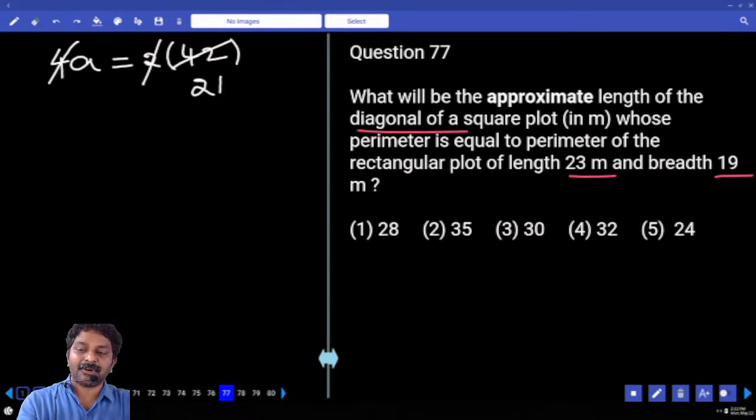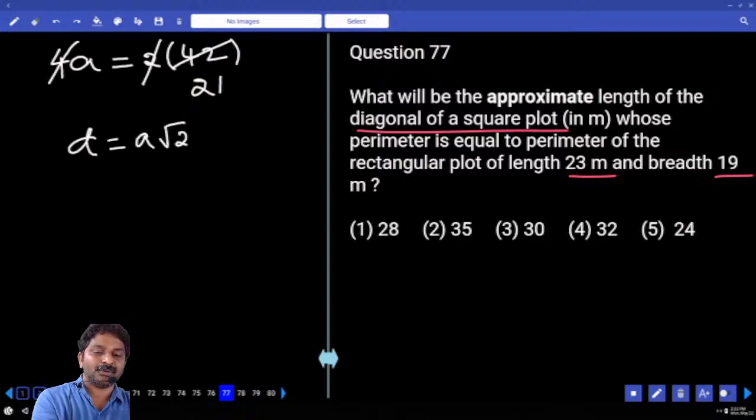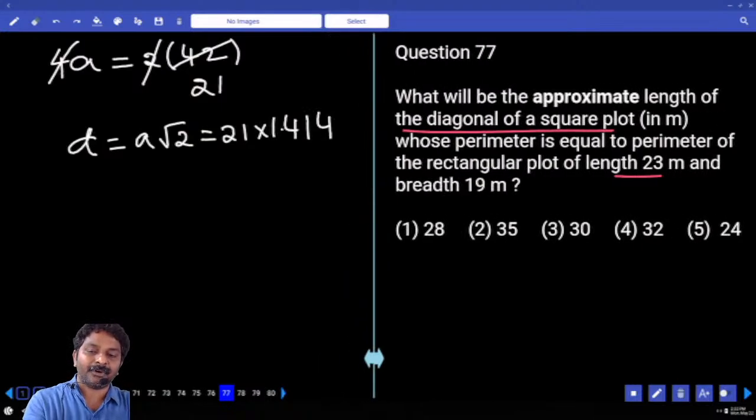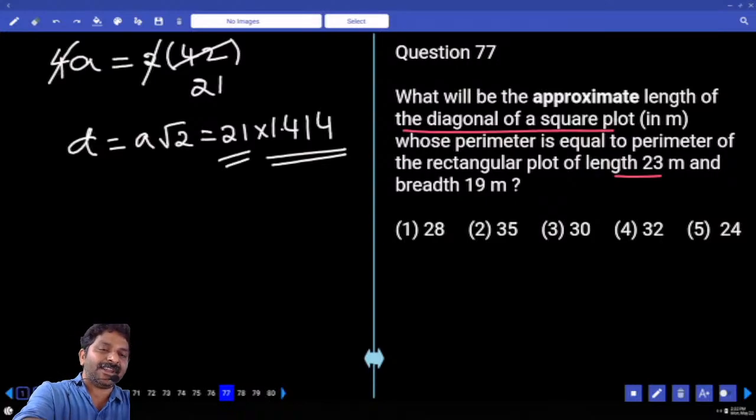But the question is about diagonal. Diagonal in the sense a root 2, that is 21 into root 2 value 1.414. Correct? If you treat this number as 1.414, wait a minute. 21 times we need to calculate.